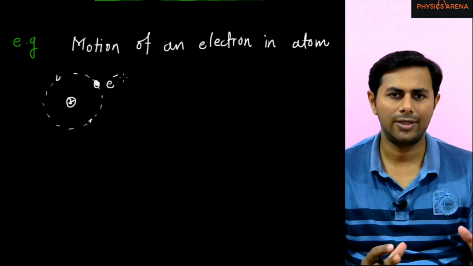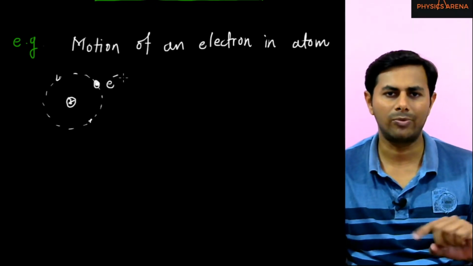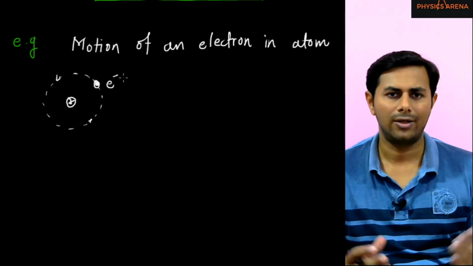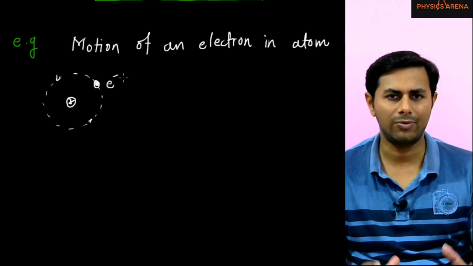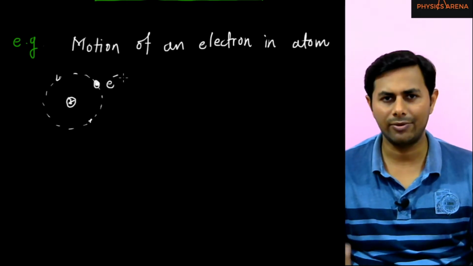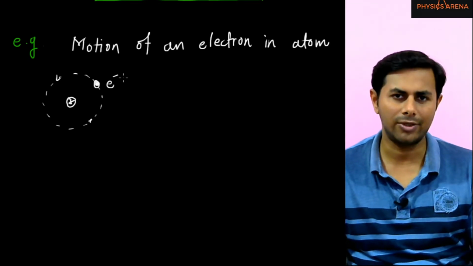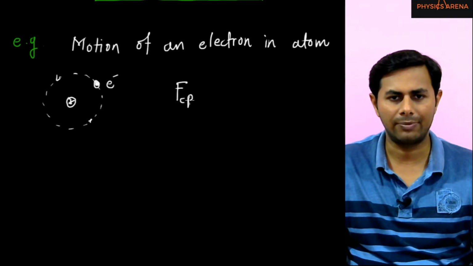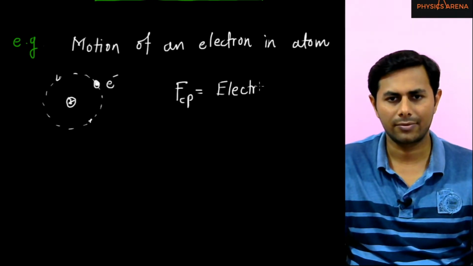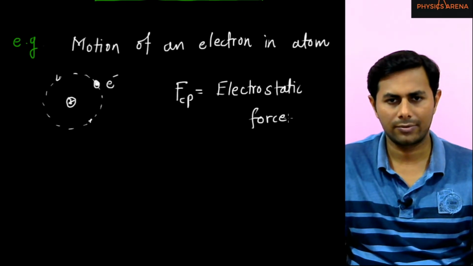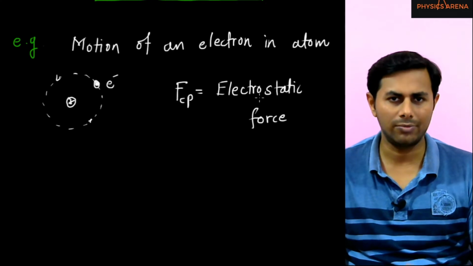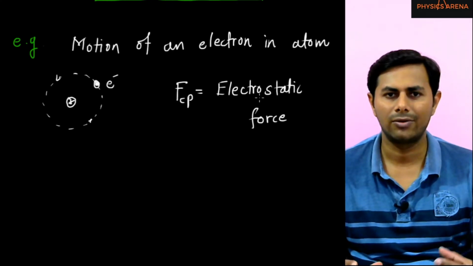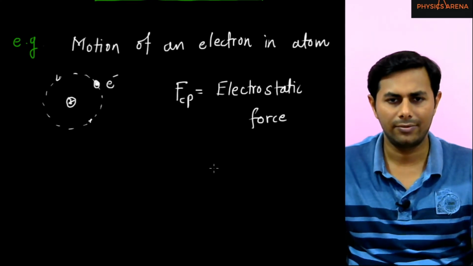So here the centripetal force required for motion of an electron is provided by the electrostatic force of attraction between negatively charged electrons and the positively charged nucleus. So the centripetal force FCP is equal to the electrostatic force, and using Coulomb's law of electrostatics we can write down its magnitude.